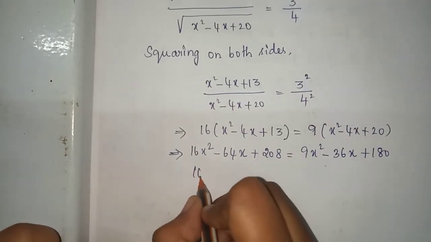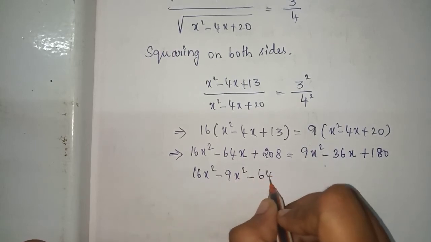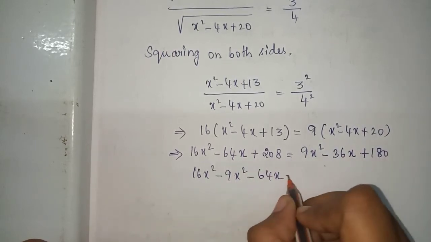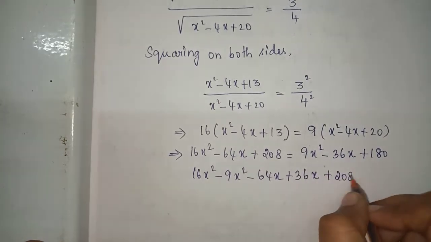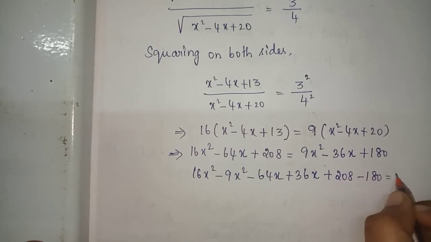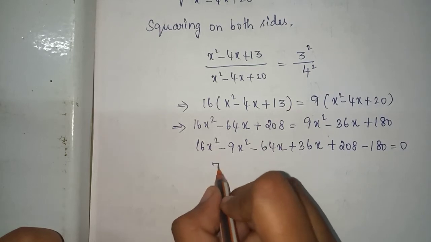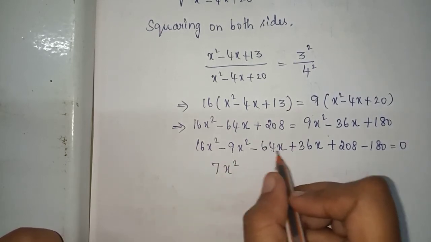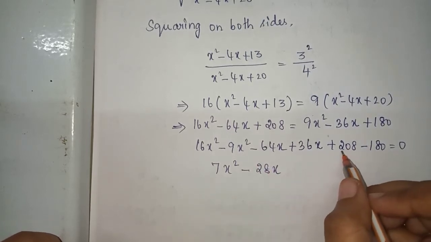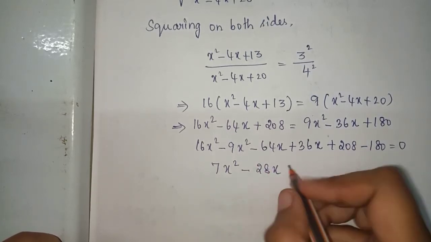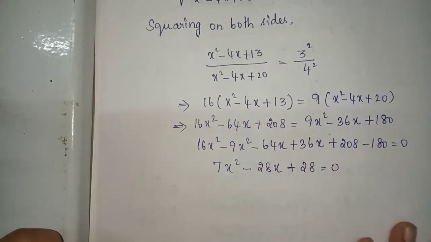So 16x square minus 9x square, minus 64x plus 36x, plus 208 minus 180 is equal to 0. So 16 minus 9 is 7x square, minus 64 plus 36 is minus 28x, plus 208 minus 180 is plus 28, equal to 0.